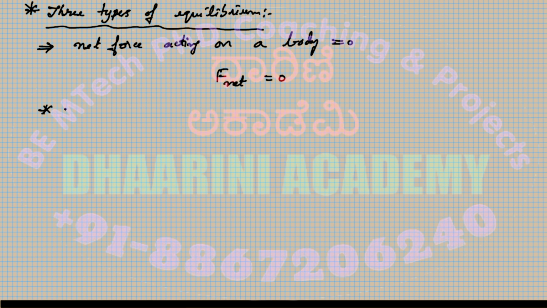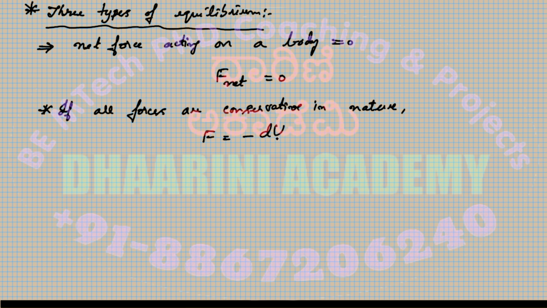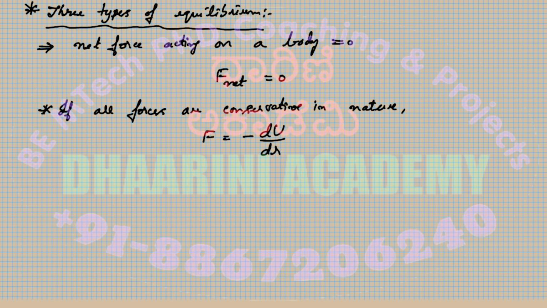If all the forces are conservative in nature, definitely this equation holds good. That is, force is equal to minus of dU by dr. All right. Then I know that if the resultant of all the forces is 0, then it is in equilibrium.